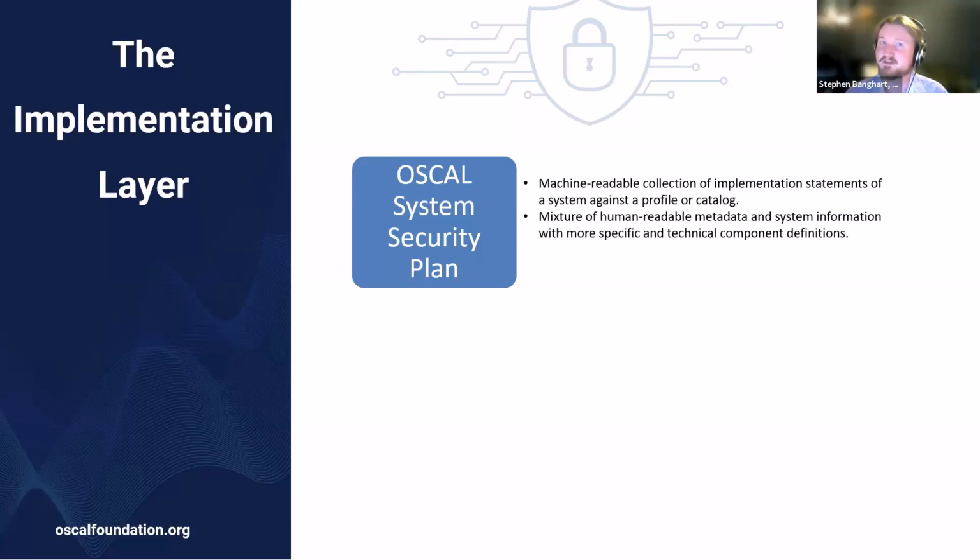Items that are not specifically related to controls but are still required as part of the process. This is also captured and represented in a system security plan OSCAL model, alongside more specific and technical component definitions that allow us to drill down and understand which specific capabilities of my information system are implementing which specific controls.